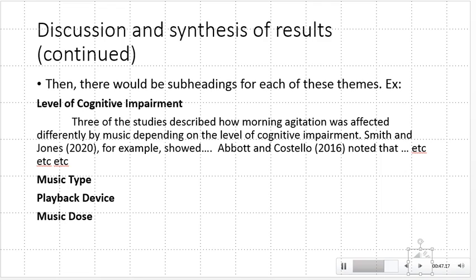And then you would have a similar subsection for music type, another subsection for playback device, and another subsection for music dose. And just however many themes you had, that would be however many subsections you had. And then it would be really obvious and clear that you had identified different themes in the literature.